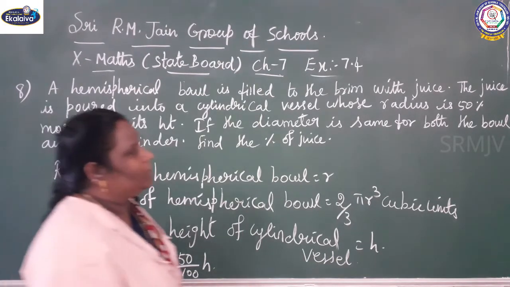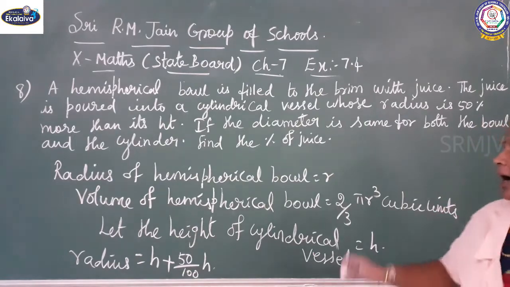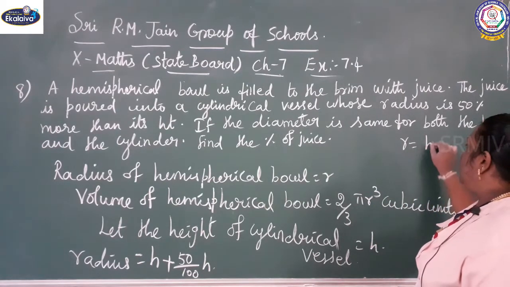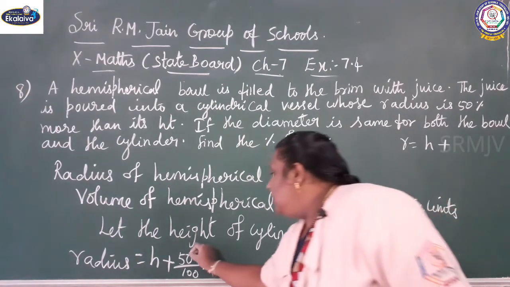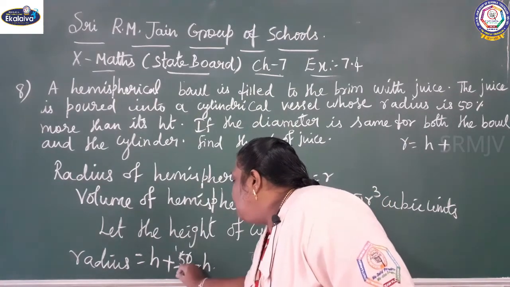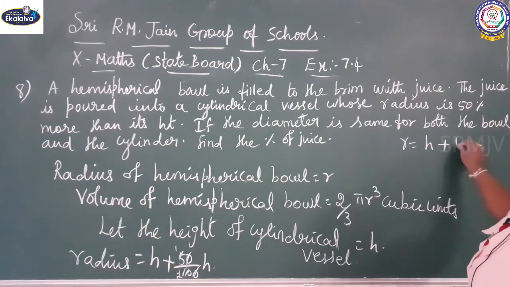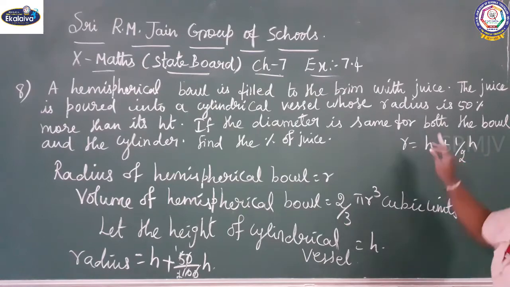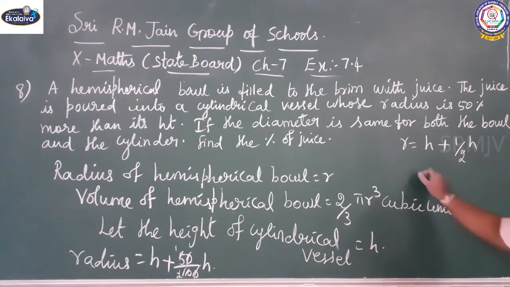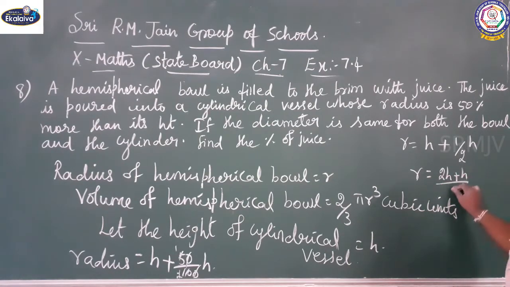See, radius of the cylindrical vessel, R equal to H plus 5 ones are 5, 2s are 1 by 2 H. You can take the LCM. Radius R equal to 2H plus H by 2. It is nothing but 3H by 2 units.